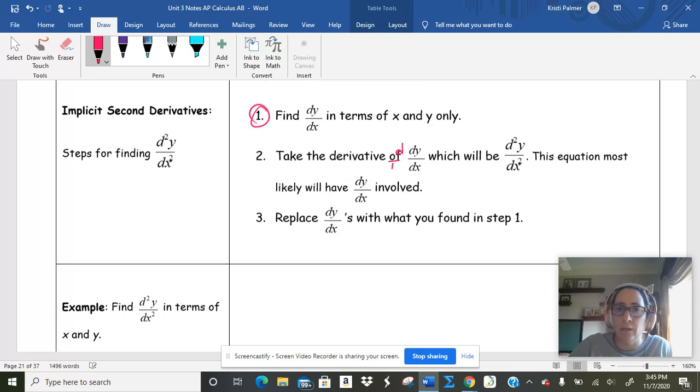So the derivative of dy/dx becomes d squared y over dx squared. And when we take that derivative, usually we're going to see a dy/dx involved again. So then we're going to use what we already solved for in part 1 and replace all those dy/dx's, and then we'll find the second derivative.